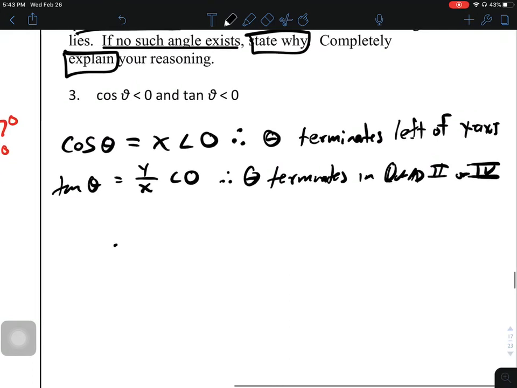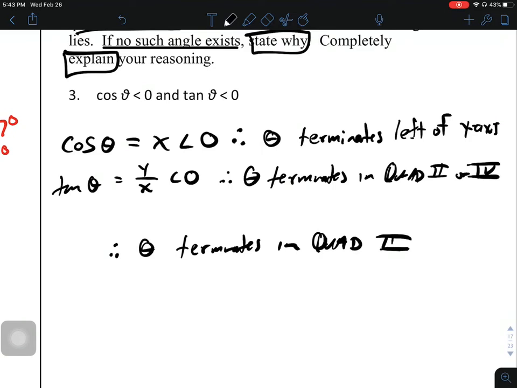If we combine those 2 answers, of being left of the y-axis and being in quadrants 2 or 4, that must mean that theta terminates in quadrant 2.